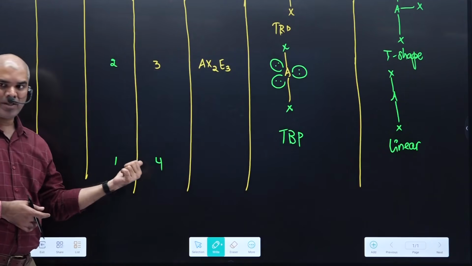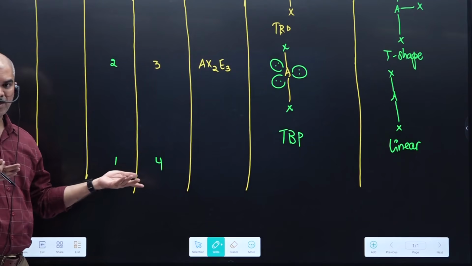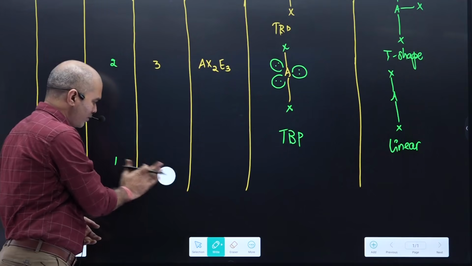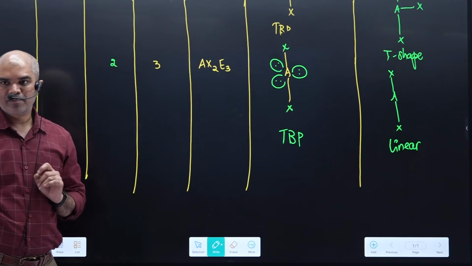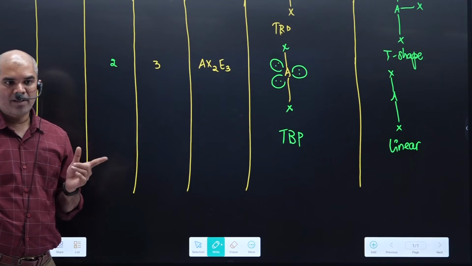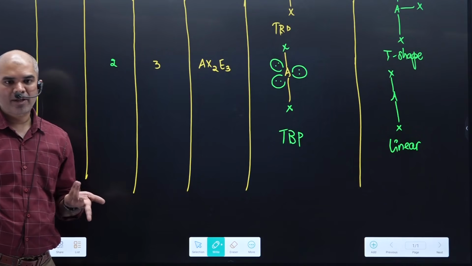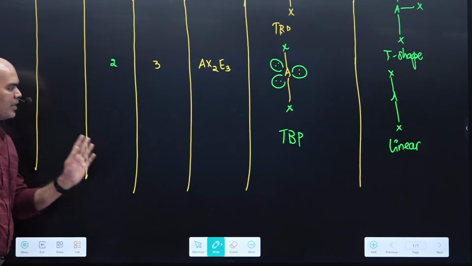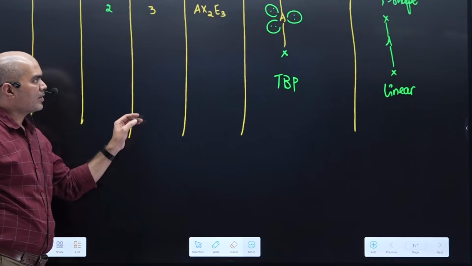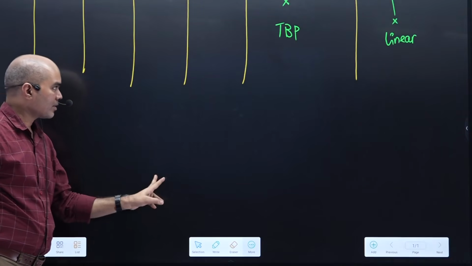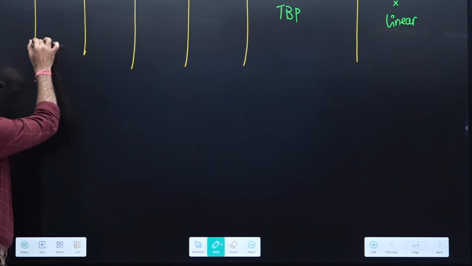But this is only for main group. For main group, you can't have more than 7 or 8 electrons. So don't go for 1,4. Even if you go for 1,4, what will be the shape? Hypothetically, some questions will come. It will be linear. Okay? If you go for that, it will be linear. Right, so this combination is done. Next, steric number 6. Can you complete for steric number 6?